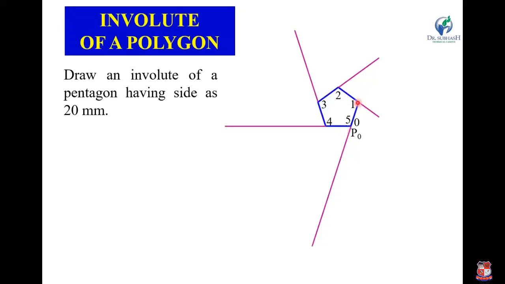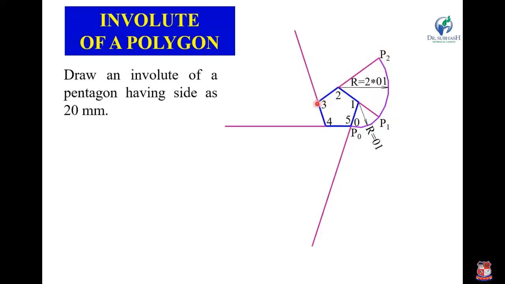Now 1 as a center and radius equal to 0-1, draw an arc, you will get the point P1. Now 2 as a center, radius equal to 2 into 0-1, and draw an arc, you will get the point P2 here.